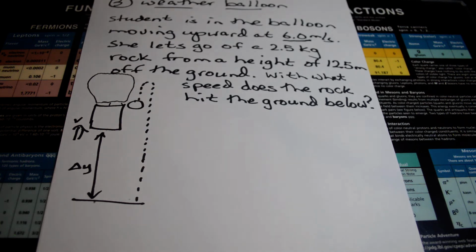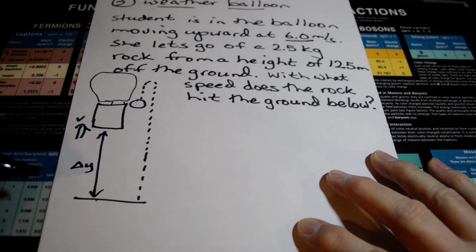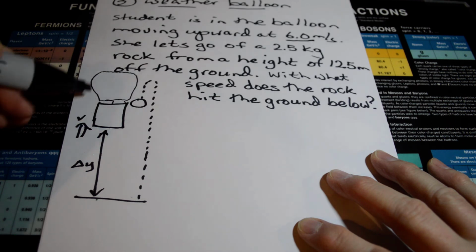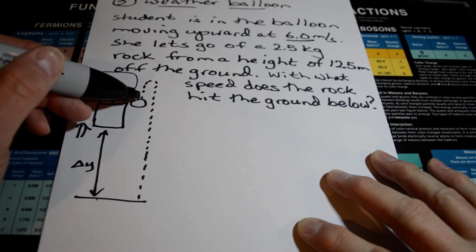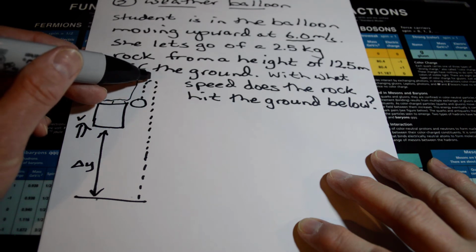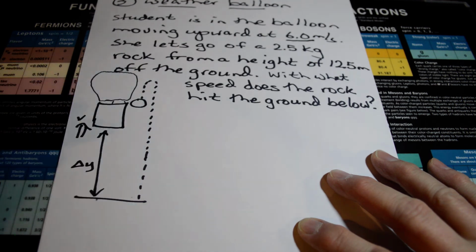First thing is, and I think when I sent you the possible questions, is what would this projectile look like? Well, since the rock is moving with the weather balloon and the weather balloon is initially moving up, I'm going to say that the rock's path is going to look like this. It's going to go up first and then come down. Okay?